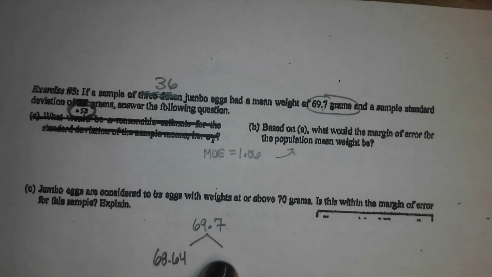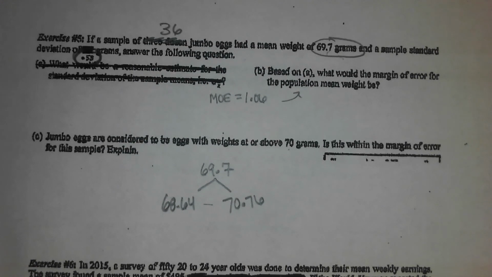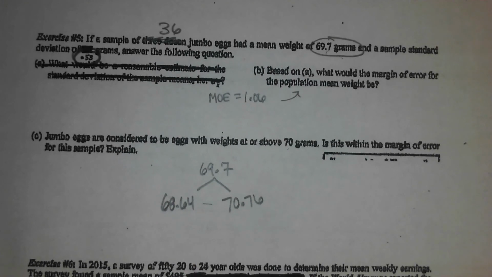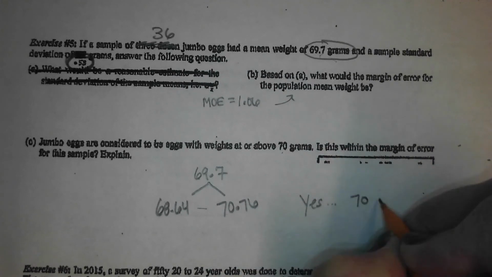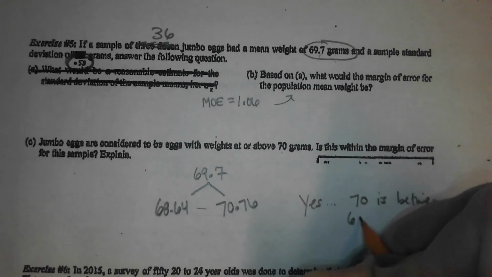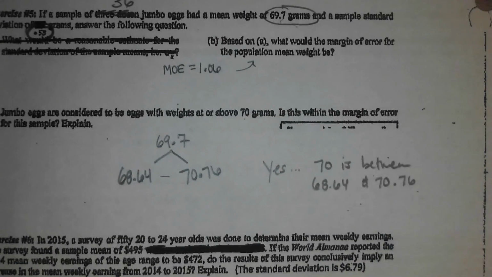And on the high end 69.7 plus 1.06 would give me 70.76. You would just show that window range and you would say, yes, it falls within the margin of error, or no, it doesn't. Does 70 fall within this margin of error? Yes. 70 is between 68.64 and 70.76. A lot of times there is a yes or no question, and your work showing that you've come up with the appropriate window range on either side of the average is partially part of your explanation.